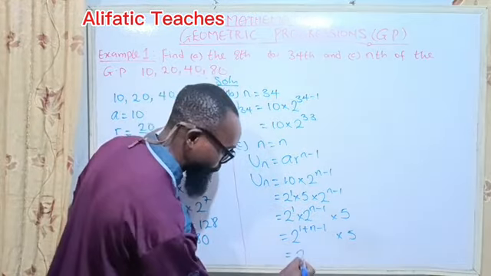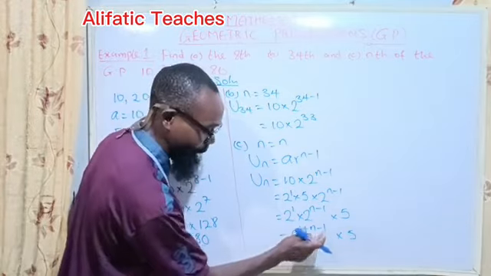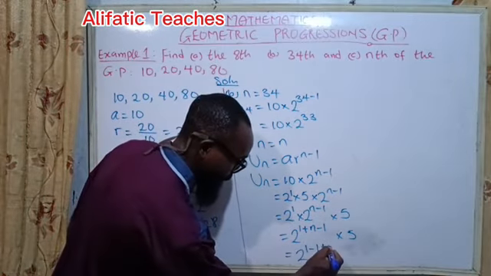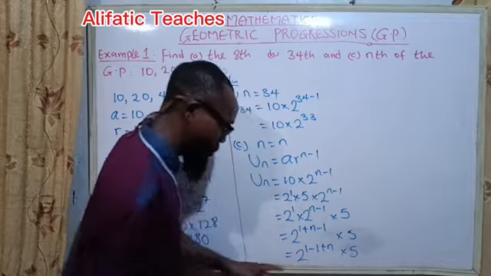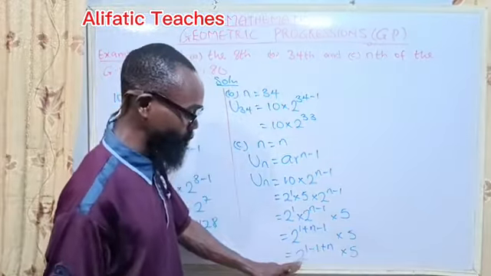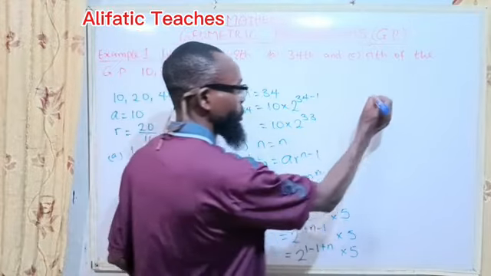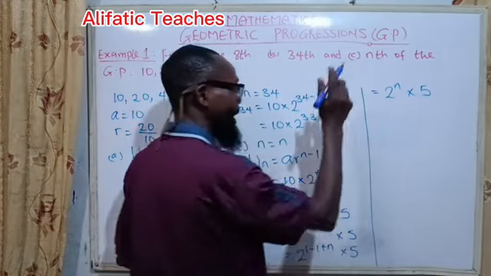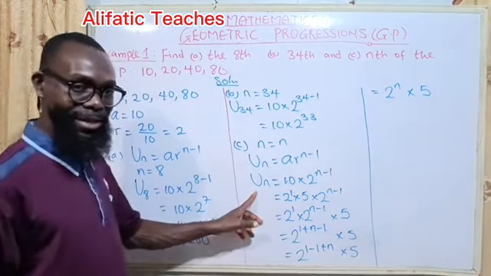Then we have 2 raised to power 1 minus 1 plus n, times 5. So 1 minus 1 is 0, so this is going to be 2 raised to power n times 5. So 2 raised to power n multiplied by 5 is our un.